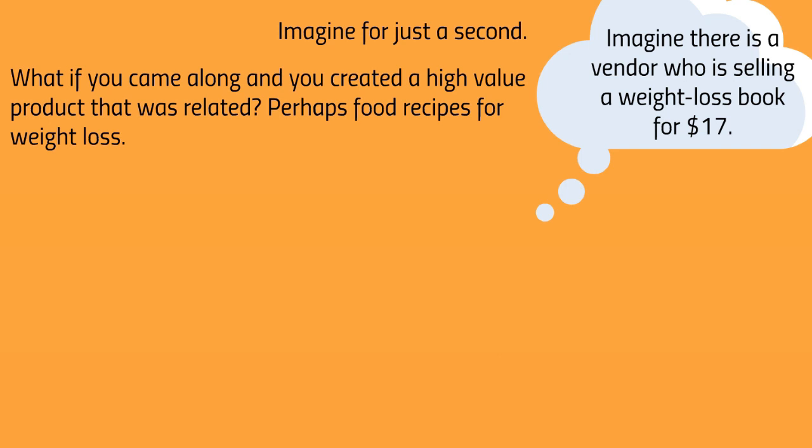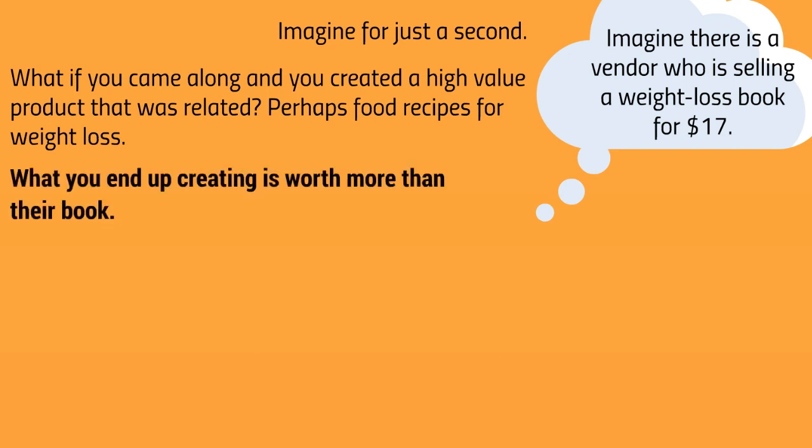Obviously, if you approach a vendor who is selling a recipe book on weight loss, they're more likely to say, oh no, definitely not. Heck no. They're definitely not going to accept that, because it's just too close to what they're selling. So in this case, because their book is about weight loss and weight loss training exercises, you can create a high value product related indirectly that is discussing food recipes for weight loss.